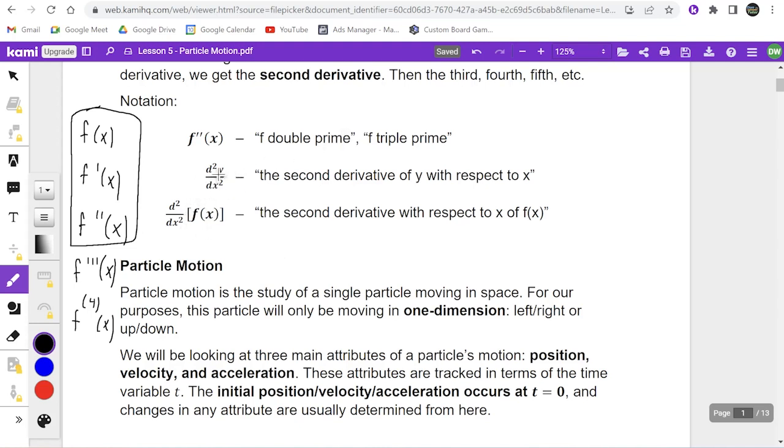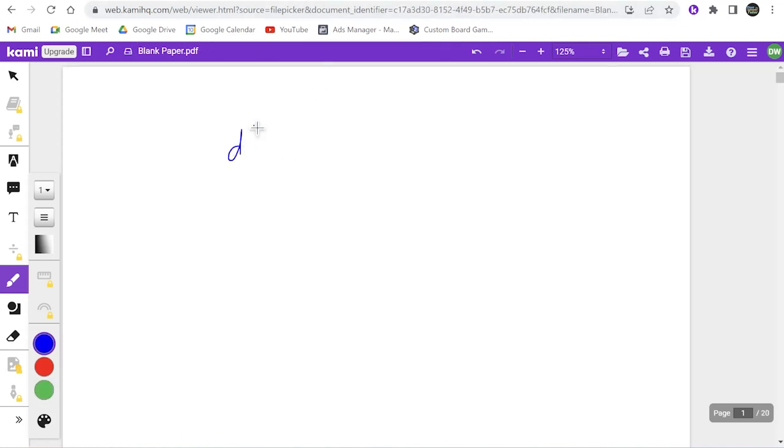And then as far as the notation goes for these second derivatives, this one's interesting. See this, d squared y over dx squared? If you remember, the first derivative like that would be dy dx. And then you have this weird notation like d squared y over dx squared. Why is it that they have to move the 2 in the numerator and denominator? In other words, I'm saying it would make a lot more sense if it was dy squared over dx squared, or if it was d squared y over d squared x.